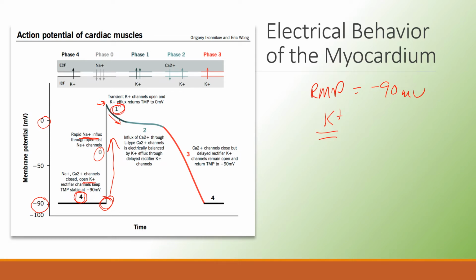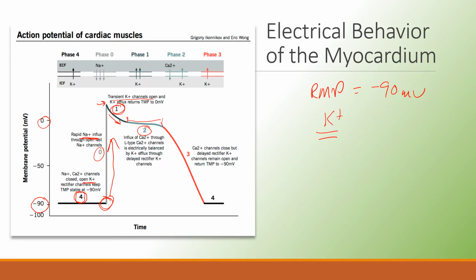In phase 1, there's this transient potassium channels are going to open. So they transiently or temporarily open, and it allows potassium out of the cell. So as the cell is losing positive ions, it starts to become a little bit more negative, down to about 0, at which point we reach a plateau, which is from here to here, our phase 2.